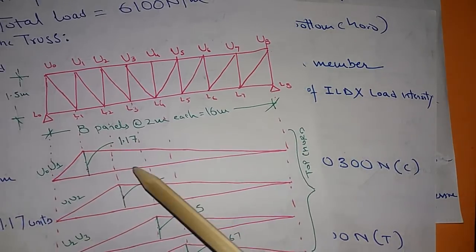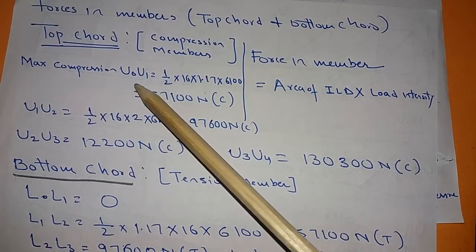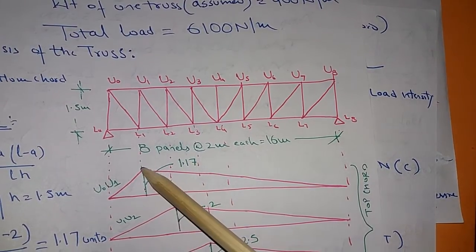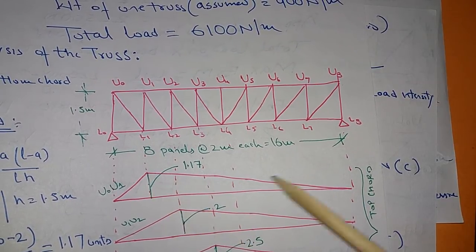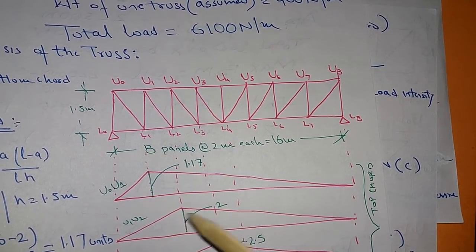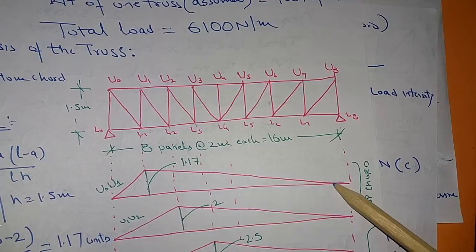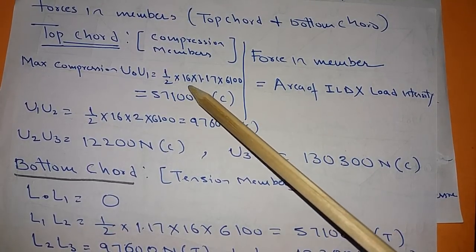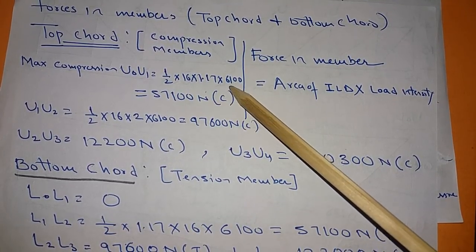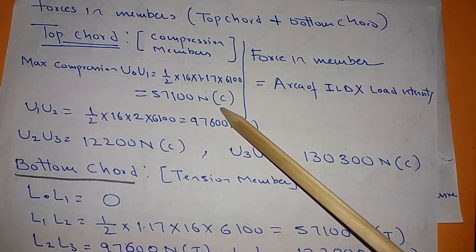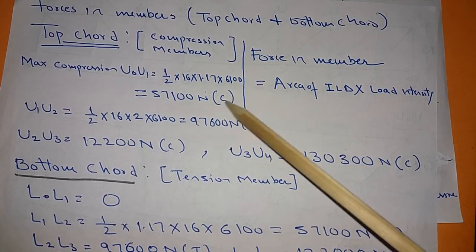Area of ILD will be, let's say we are talking about U0, U1. So area of ILD is 1 by 2, area of the triangle, 1 by 2 into 1.17 into 16. So 1 by 2, 16 into 1.17 into 6100. So as we know, all the members are in compression.